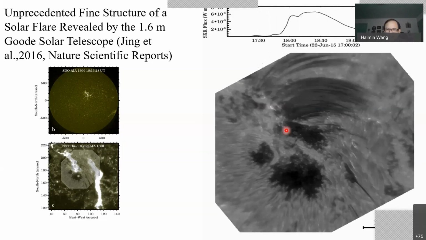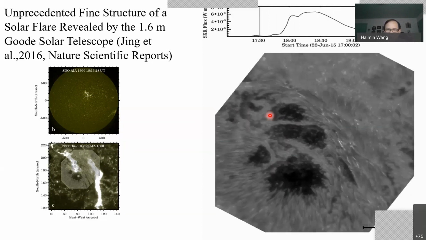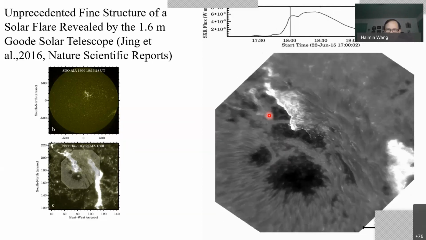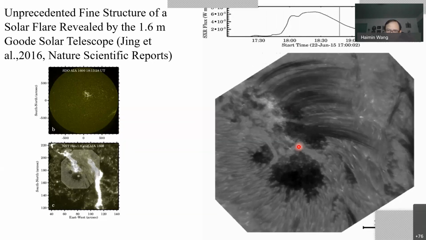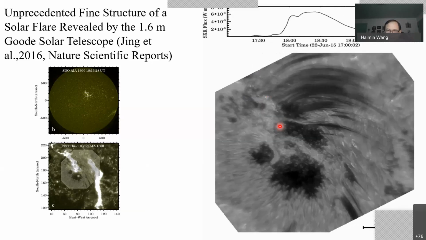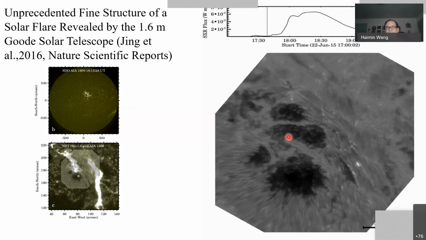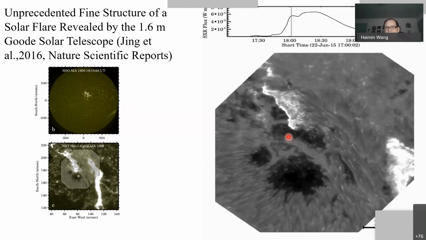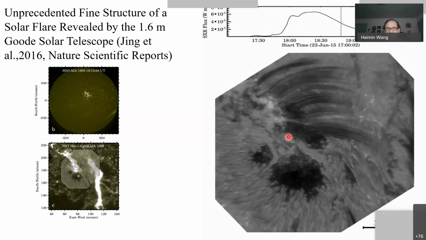If you follow my cursor, you will see material streaming down, and this is first the brightening of the flare ribbon. In the later phase, there are little brightenings at the foot point. So that's due to the post-flare loop material streaming down, then kinetic energy becoming heating.